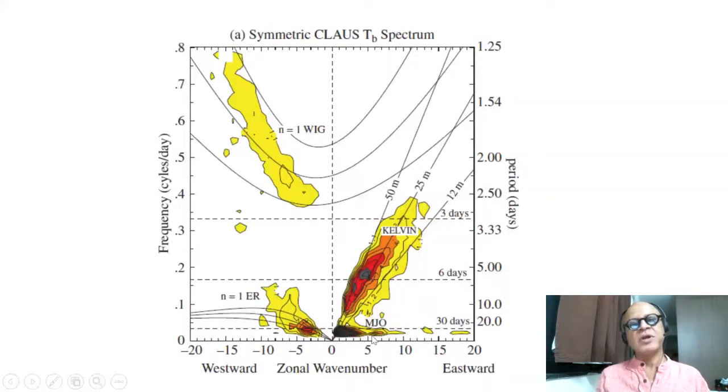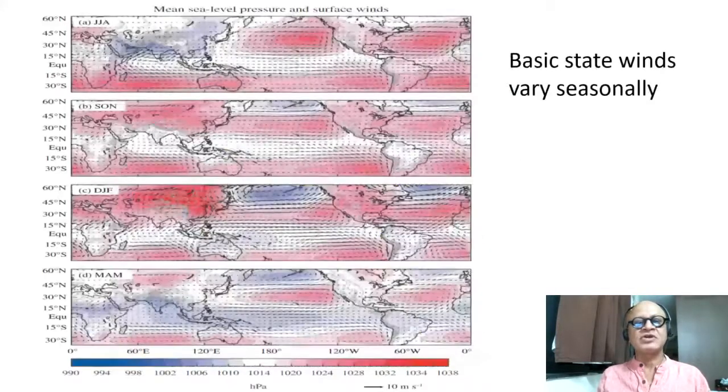And we had talked about the Kelvin and Rossby structure in the MJOs as well, which we will visit again briefly in this chapter.